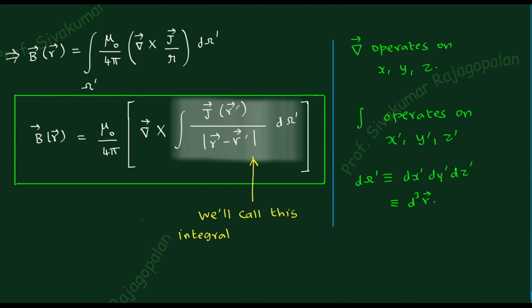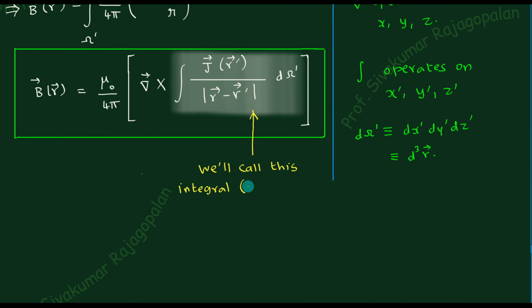And the integral after evaluation is supposed to be a vector. Okay. So that point I will write down. And we will call this quantity by the symbol capital A vector. We can give any symbol, but traditionally, capital A vector is the name that is given for this.